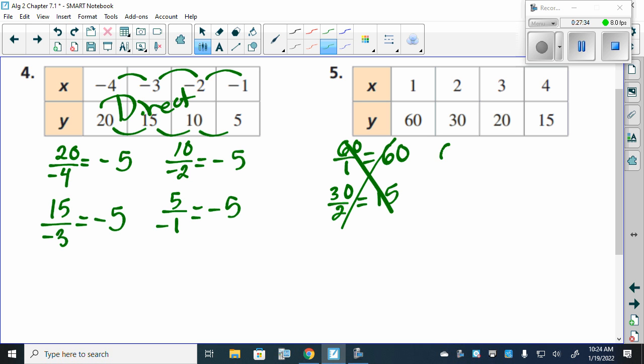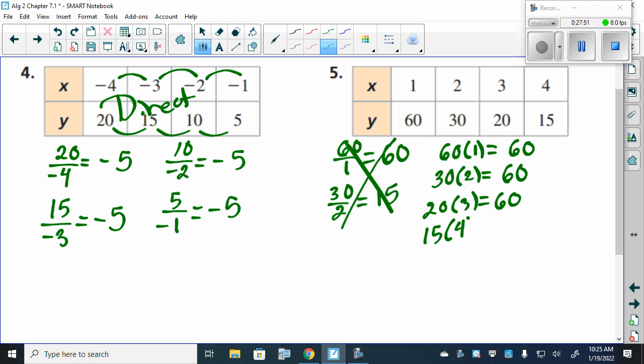The other is going to be 60 times 1, which is 60. 30 times 2 is 60. 20 times 3, and 15 times 4. So this here would be an inverse variation.